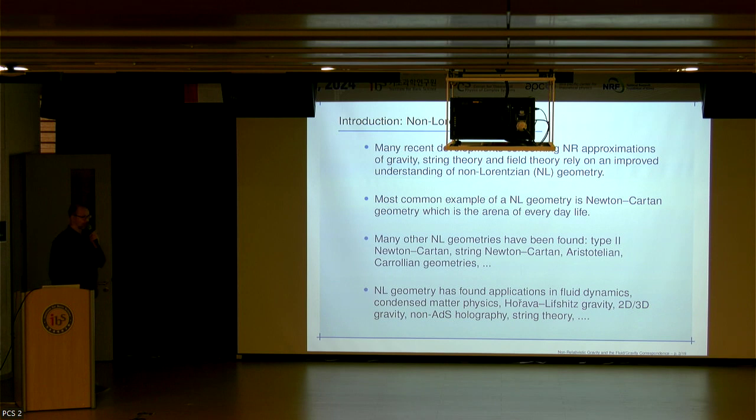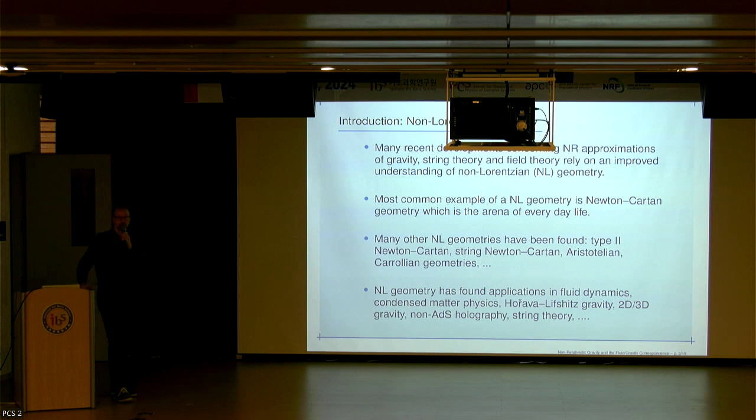Anything that is non-AdS holography is almost certainly going to bring you in contact with non-Lorentzian geometry. The reason is that AdS is special in many ways, for example, because if you go to infinity, the boundary there is still Lorentzian. But that's actually very special, and normally that is not what happens. So for example, in flat space, if you go to infinity, you do not find a Lorentzian geometry, but you find this so-called Carroll geometry.